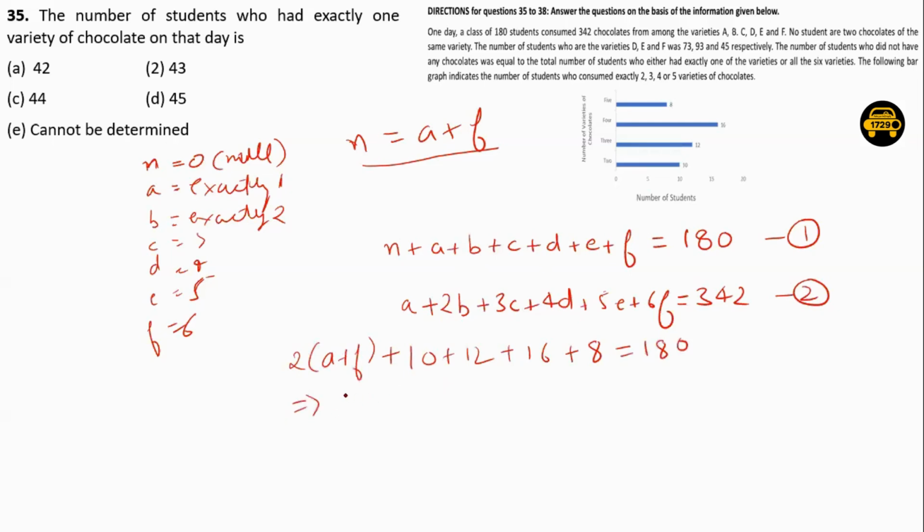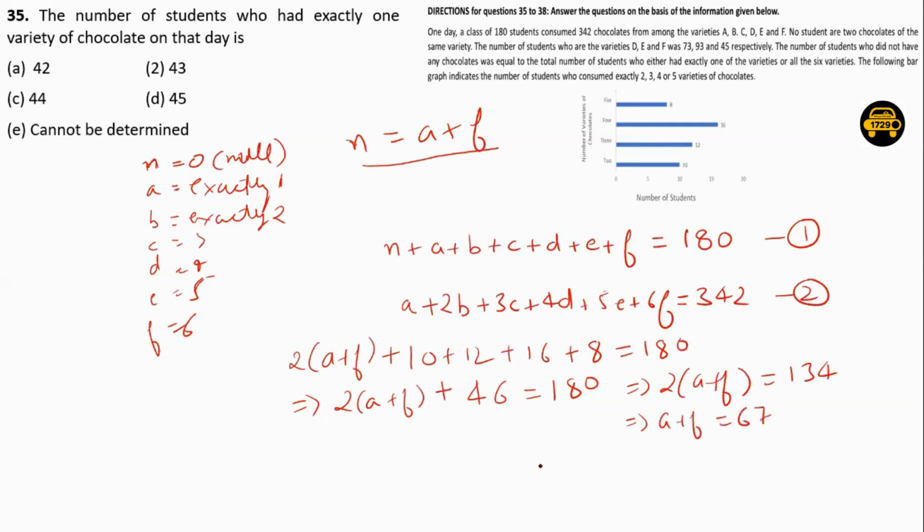Solving it further, 2 times of A plus F plus 20 plus 36 plus 10, 46, is equal to 180. That means 2 times of A plus F will be equal to 134, and this will make A plus F equal to 67, right? So N's value will be 67.